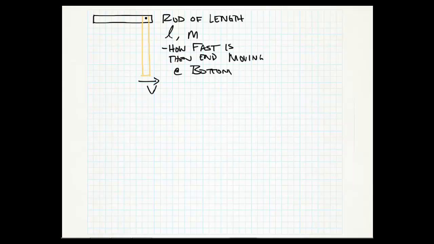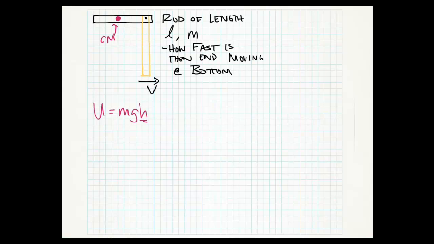And what we want to do is figure out what that velocity is. So we have two different times to consider. The first one here is at the top. Now that's the center of mass of our rod. So the potential energy at the top is going to be mg times h, and we're going to figure that h out in a second.